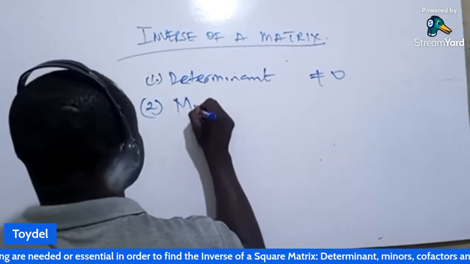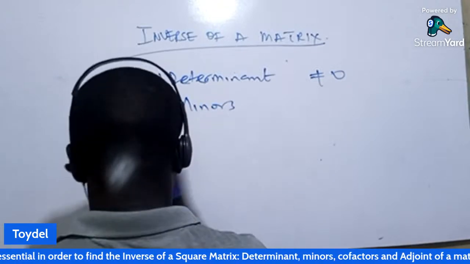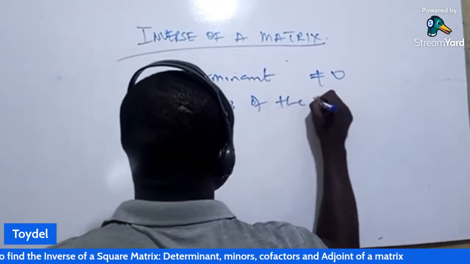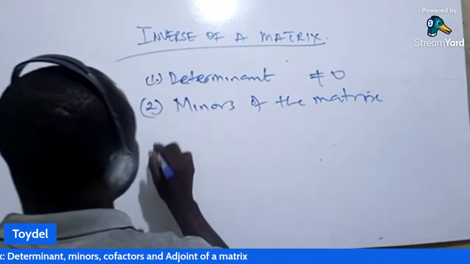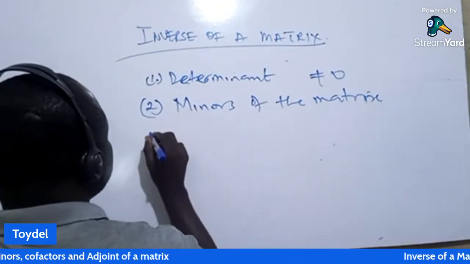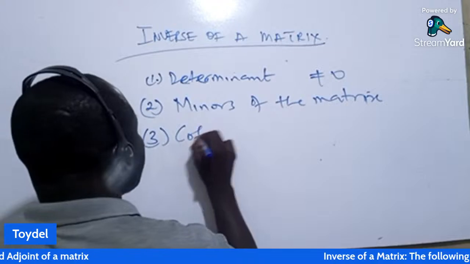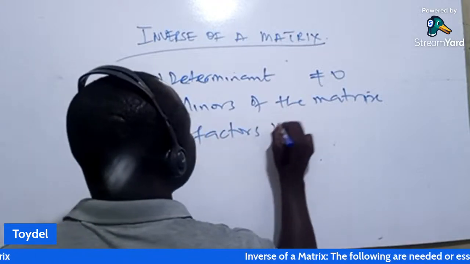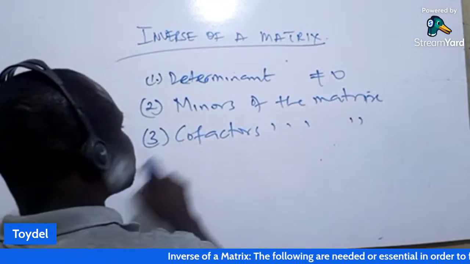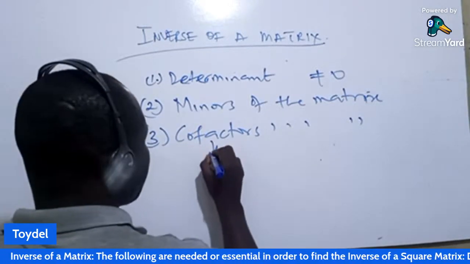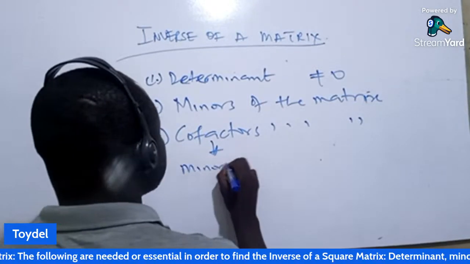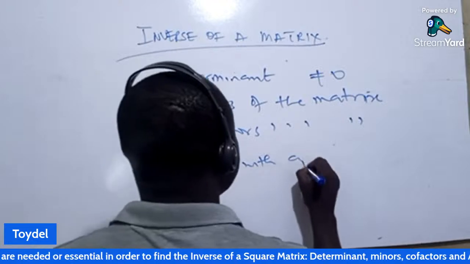Then we find the minors of the matrix. I'm going to use an example to show how to find the minors. We also find the cofactors of the matrix. Cofactor simply means minor with appropriate sign.